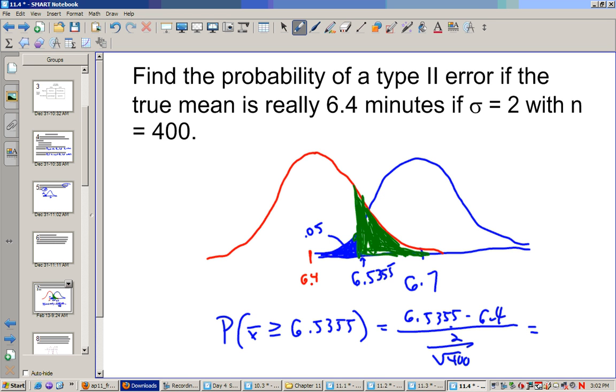So that's 6.5355 minus 6.4. I got 0.1355, and then we have 2 over the square root of 400, which is 0.1. So I have 0.1355 divided by 0.1, so that's 1.355.